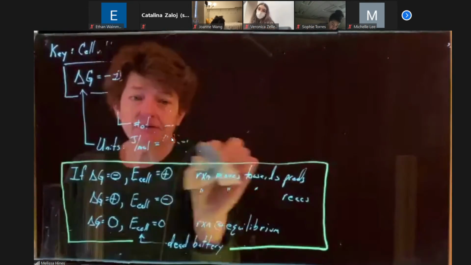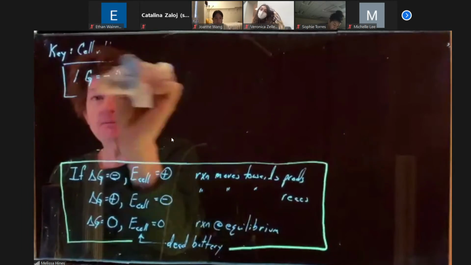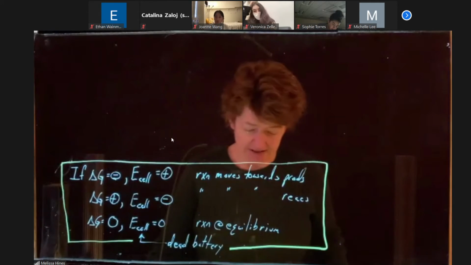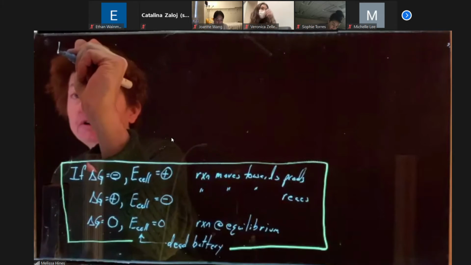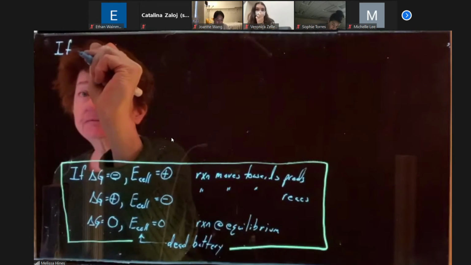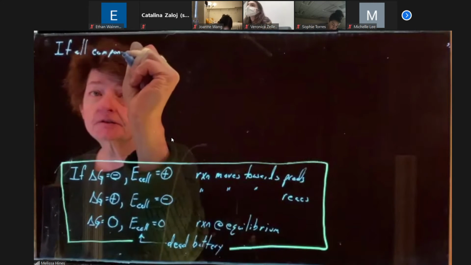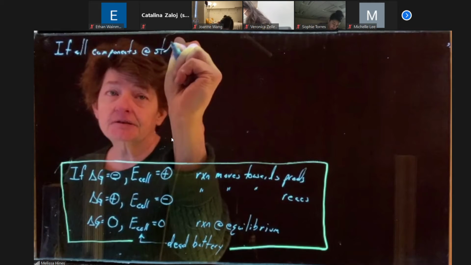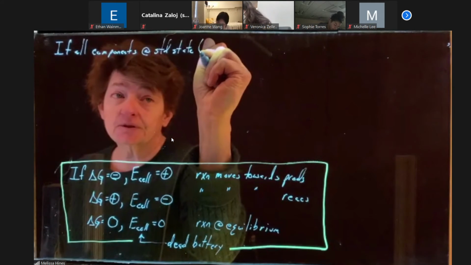Now let's think about what's going to go on if we are at standard state, because in electrochemistry, people often talk about what's going on at standard state. If all components are at standard state, that has two things associated with it.